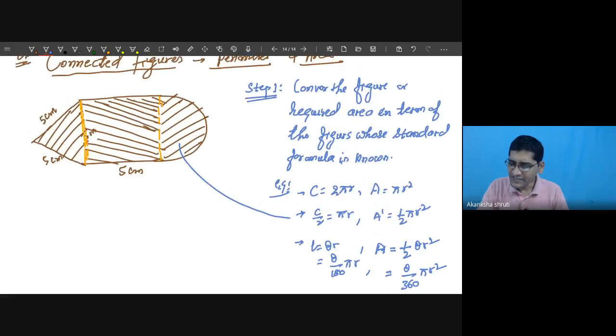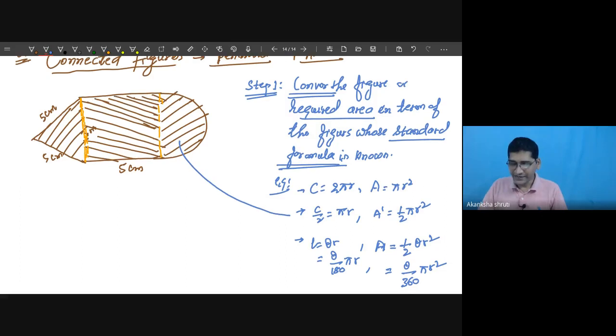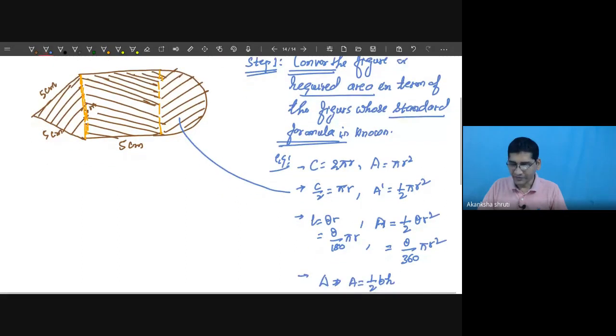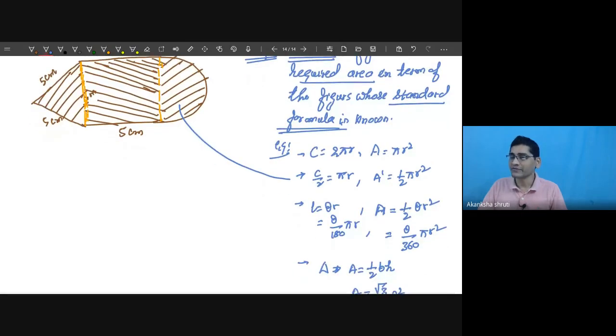So the very first step is conversion of the required area into the standard area or standard formula form, or an area whose standard formula exists or a modified formula can be derived easily. It is the very first step that we have to do.